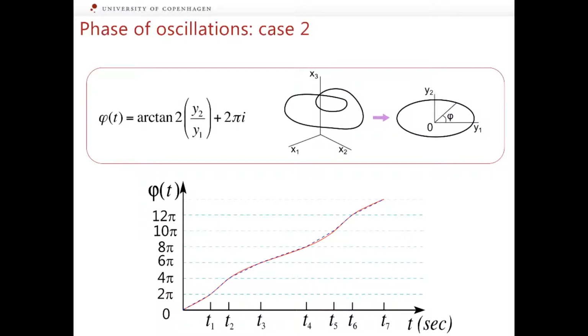However, unlike the first phase, it is differentiable at every point. Like the first phase, during a single oscillatory cycle, the second phase increases by 2 pi, but unlike the first phase, it grows nonlinearly. Introduction of the phase allows us to characterize synchronization quantitatively.